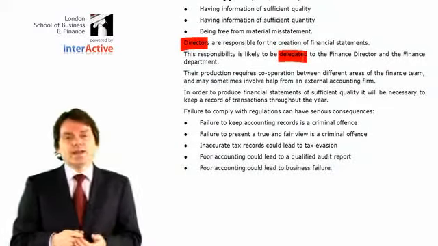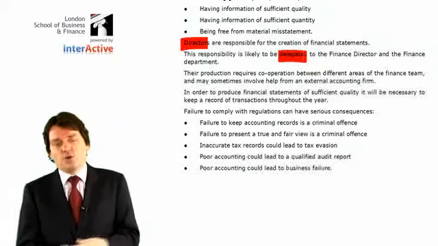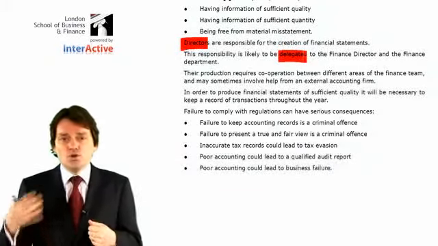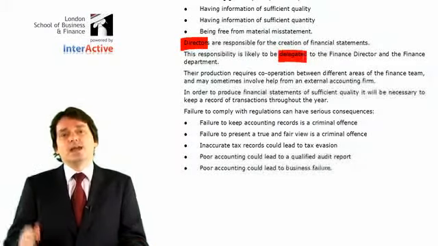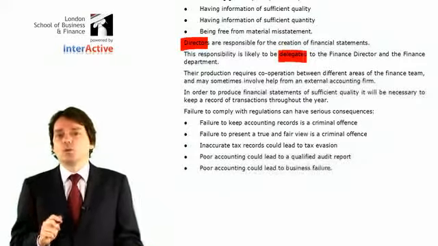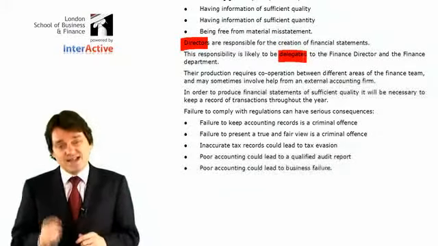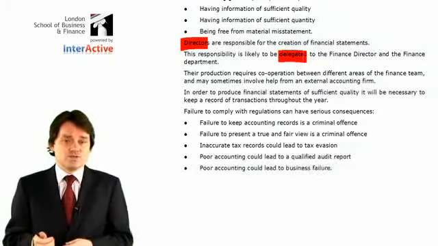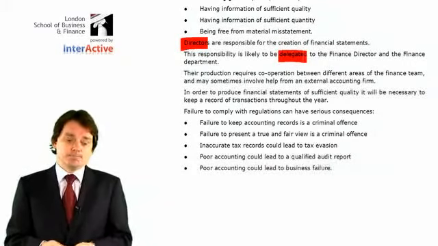Usually, the finance department will make sure that the accounts are correct, or as much as they can be. The finance department will make sure they do all these bits of paper. But if anything goes wrong, it is the directors' fault. They are the ones that will be held responsible. So they need to make sure it happens. Even if all they do is say to the finance director every month, are we on course to actually make sure everything is going to be done?